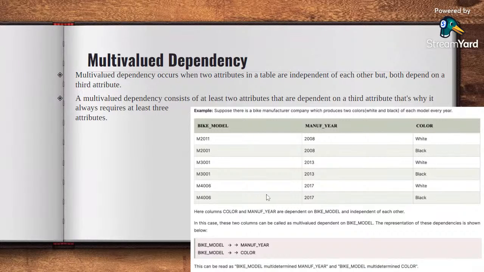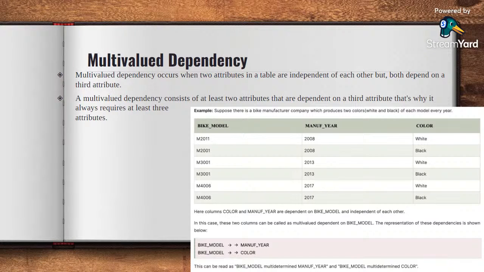So here we have bike model, manufacture year, color. Color and year are dependent on bike model and independent of each other. And both of these attributes are multivalued. How are they multivalued if in one column there's only one value?